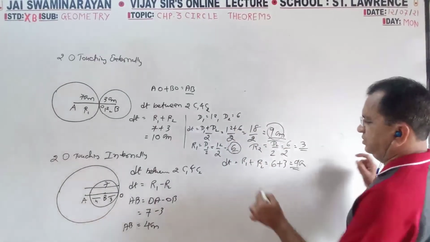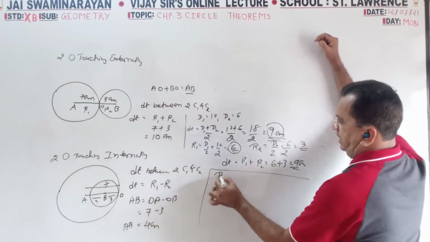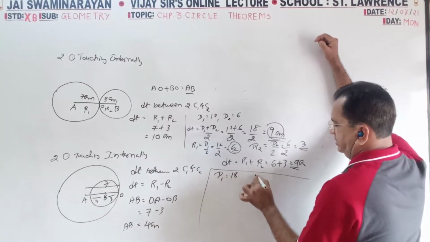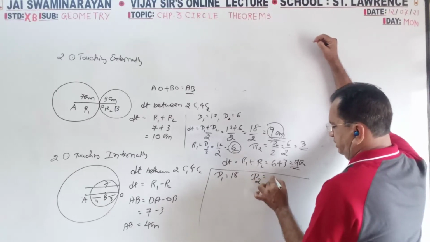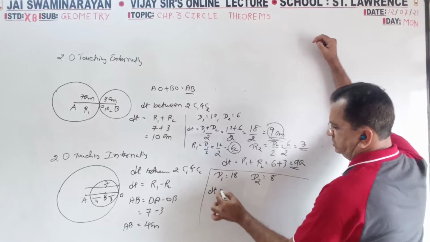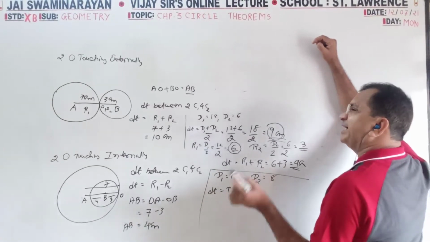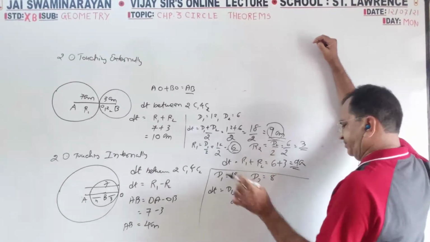Again, for this, diameter 1 is equal to 18, diameter 2 is 8. So distance is equal to diameter 1 minus diameter 2 divided by 2. Subtract and half, or half and subtract.